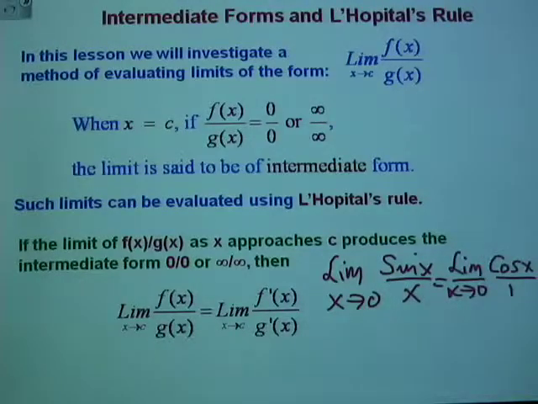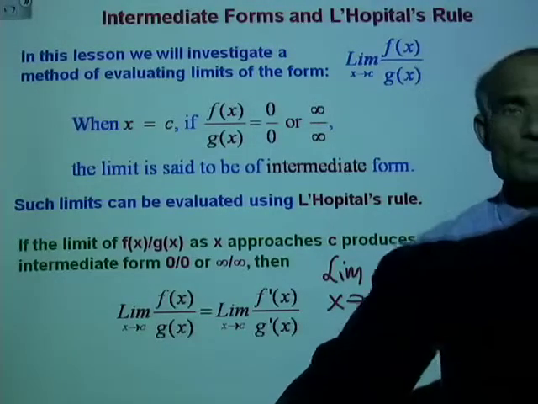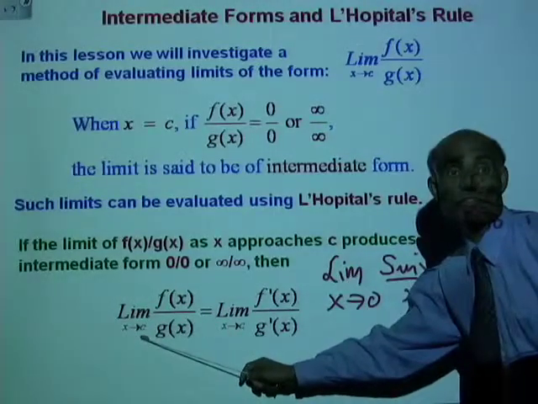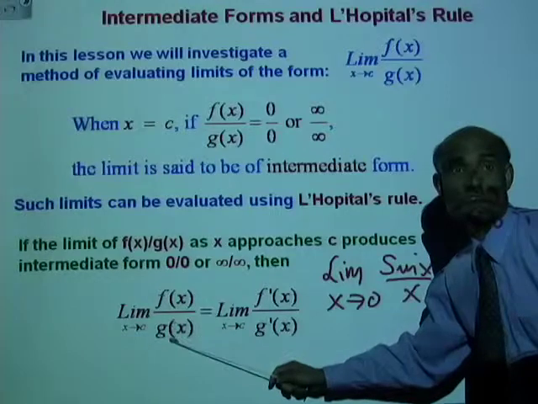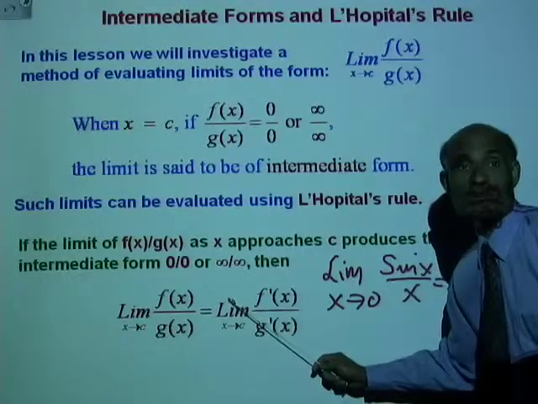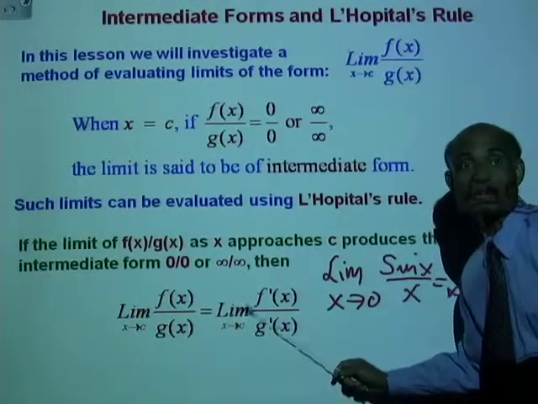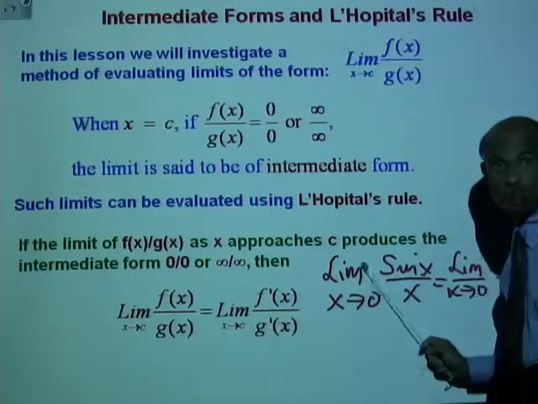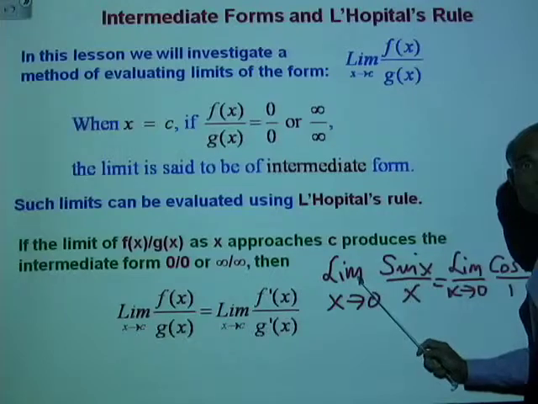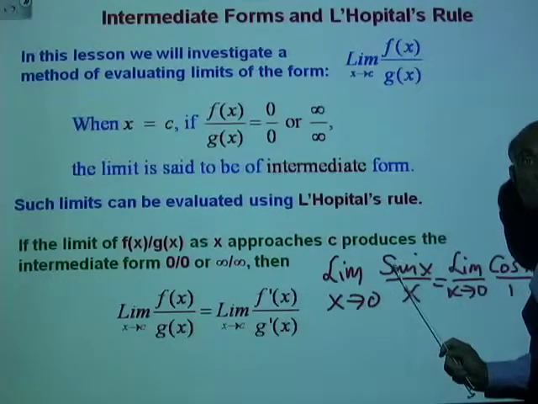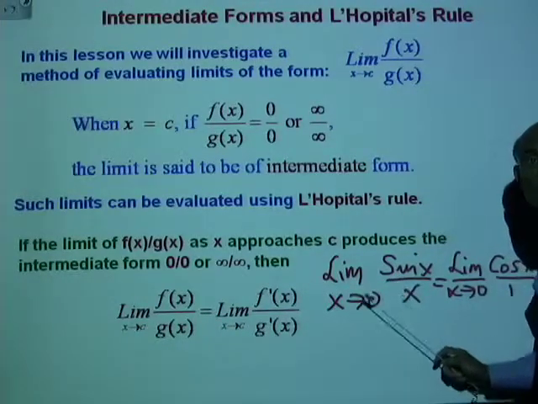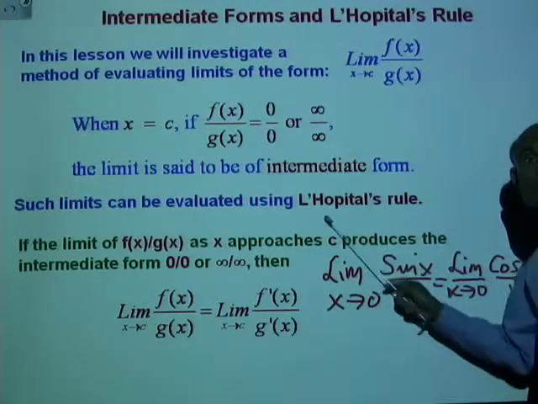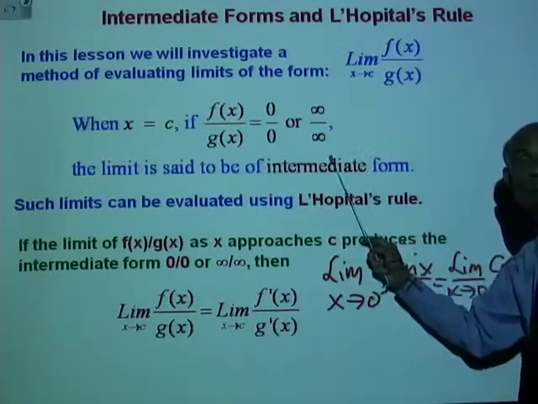Okay, now look at the difference in here. According to L'Hopital's rule, the limit as x approaches c of f of x over g of x is the same as the limit as x approaches c of f prime of x over g prime of x. So in the example I gave you, limit as x approaches 0 of sine x over x, if you replace x by 0, you get 0 over 0. So it is of indeterminate form.